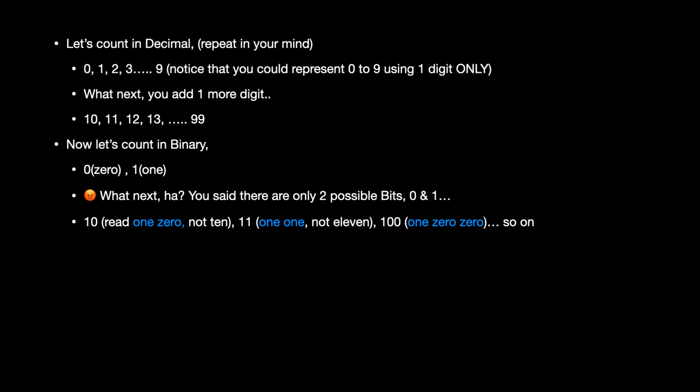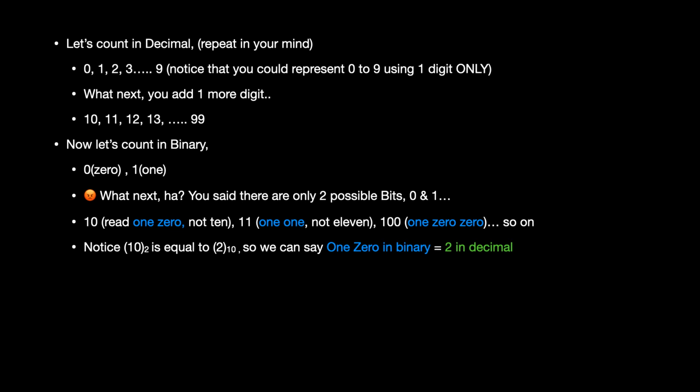So, after 0 and 1, the next number in the series is 10. Notice how we read it as one-zero and not ten because we are counting in the binary number system. After 10 we have 11, and after 11 we have 100, and so on.